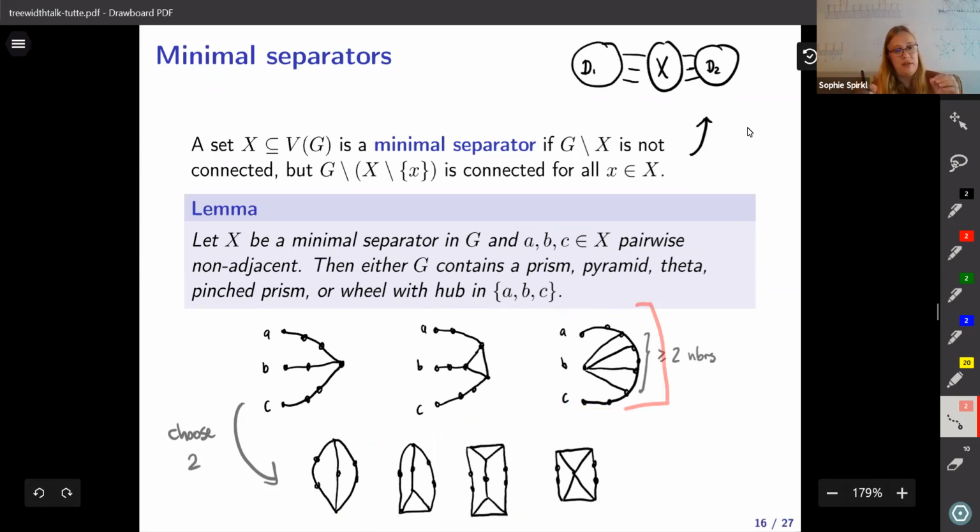So one of the 3 vertices is a wheel hub, right? If you picture this on the right and this on the left, then it looks like a wheel. So in our setting, minimal cut sets can only have big stable sets because of wheels.